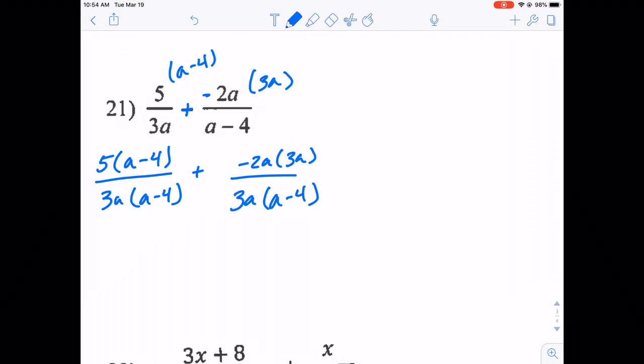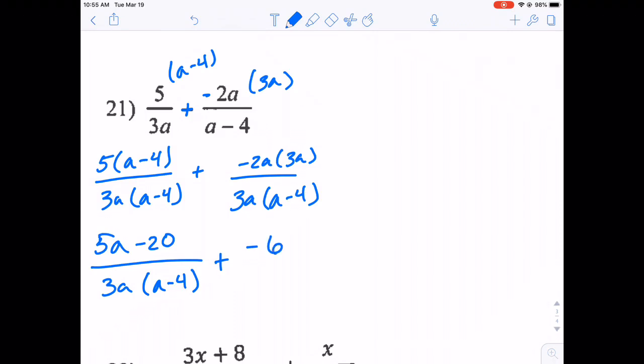Okay, distributing, 5a minus 20 is now over 3a times a minus 4, plus a negative 6a squared over 3a times a minus 4.